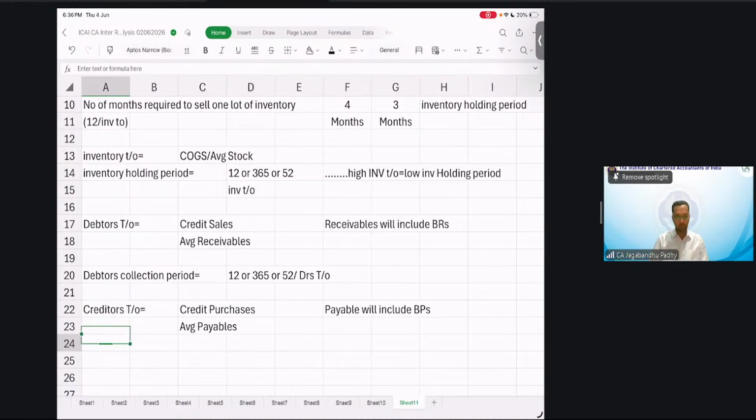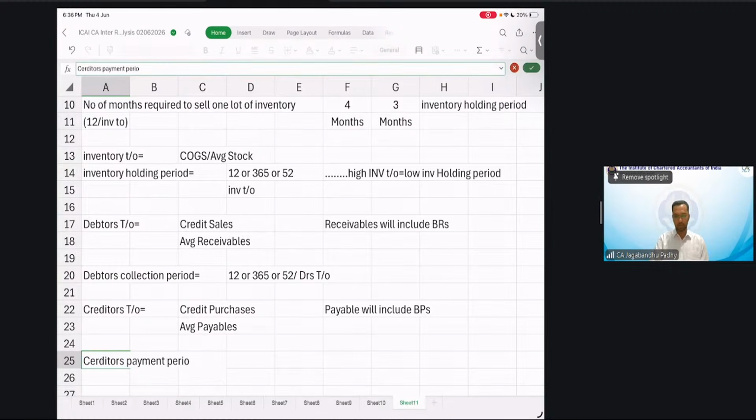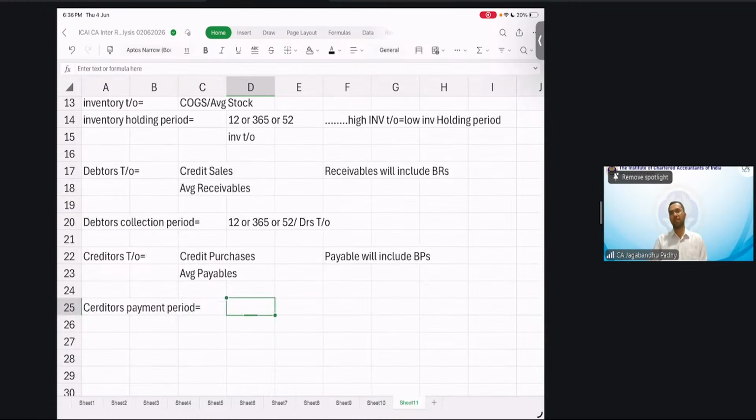In the same way, can you tell me what will be the creditors payment period formula?